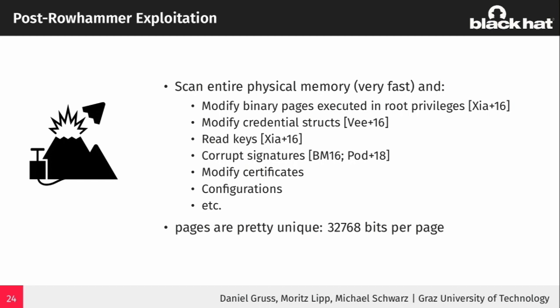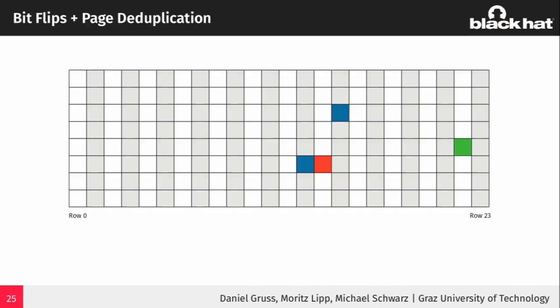Yeah, and pages are pretty unique. They have 32,768 bits. They are usually not identical by coincidence. And this brings us to the next point, page deduplication. This was exploited in several attacks by VUSEC, and they also scan for bit flips.